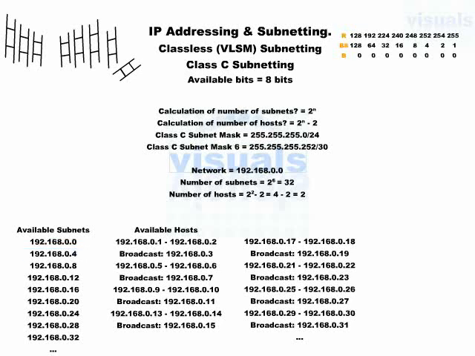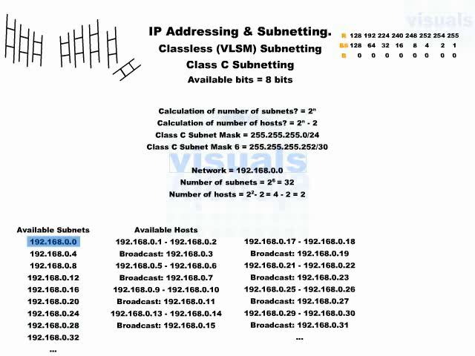Second subnet .4, third subnet .8. Now .12, .16, .20, .24, .28, .32, .36, 40, 44, 48, 52, 56, 60, 64, 68, and so on. There are 64 subnetworks.